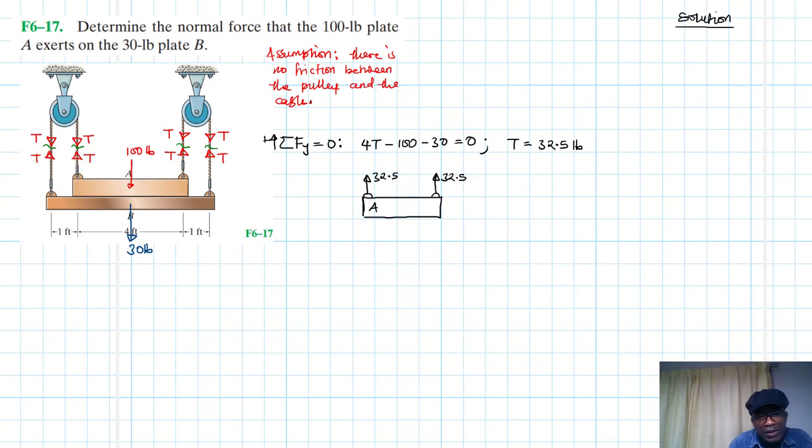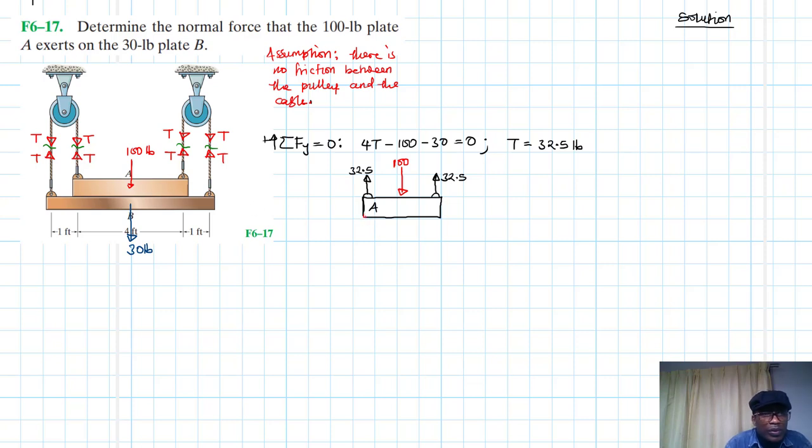Let me just write this properly. So this is a 32.5, and we have this weighs 100 pounds.